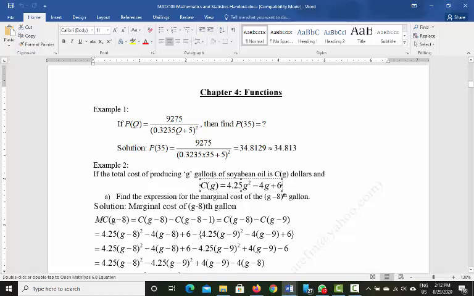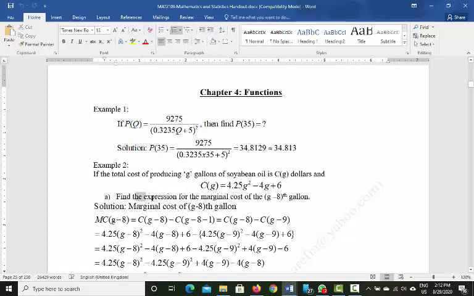That means G is the gallons of soybean oil that we need to produce.